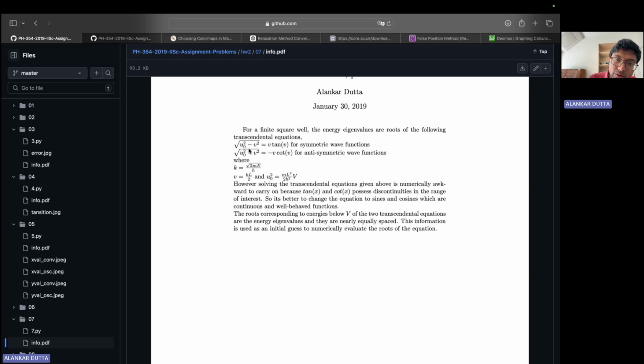So then what we are left with is u naught square minus v square is equal to v square tan square v. And then if you do u naught square, you will have v square times 1 plus tan square v.